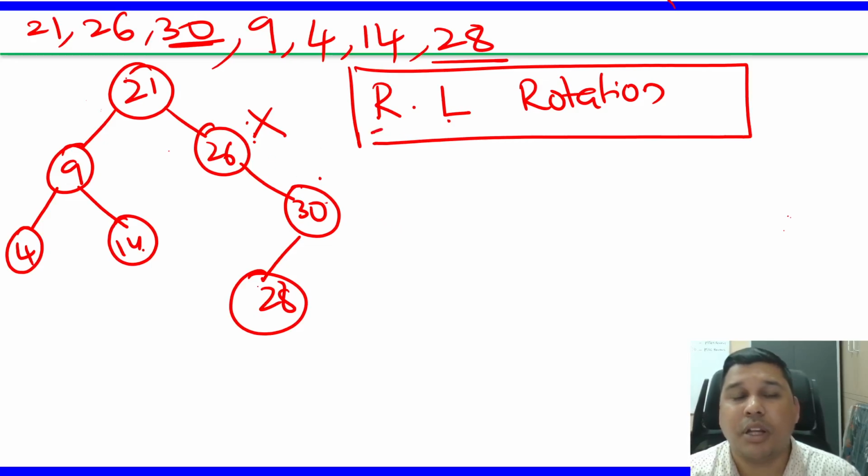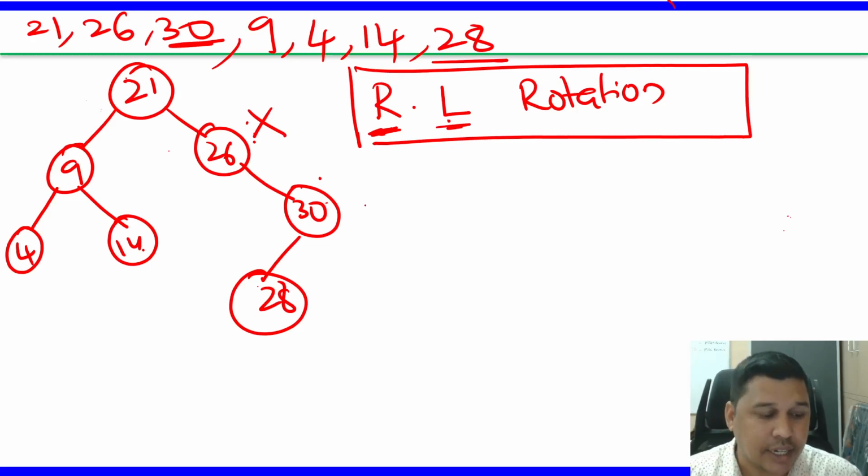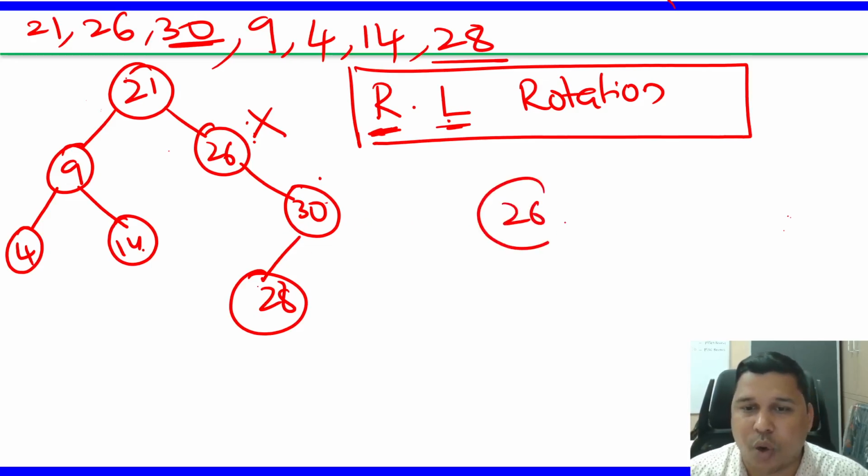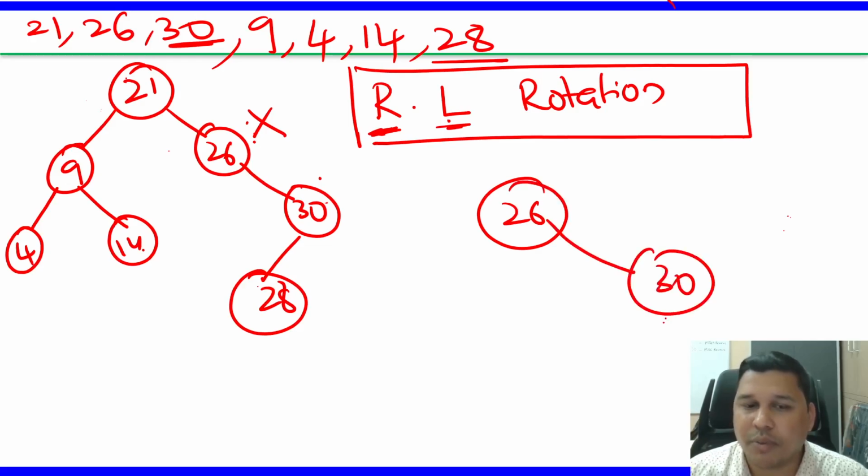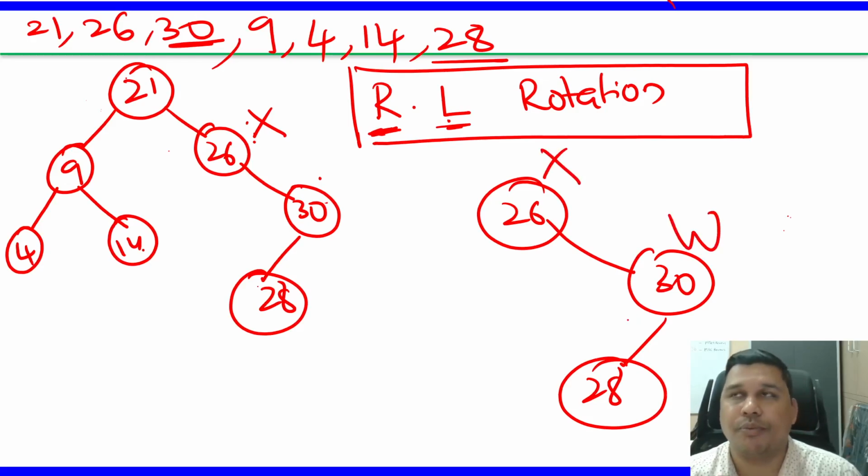So how do you perform it? You do single right rotation, then single left rotation. First you have to rotate only this part. If this is your X, this becomes your W. First do the right rotation.